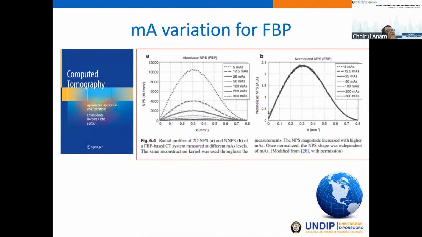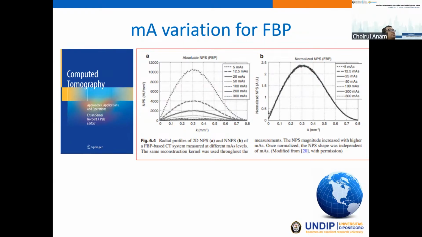And we can see here the NPS for the FBP, filter back projection. And this is the NPS from different tube loading or different mAs. We can see here that if the mAs is very low, the noise is high. And if the tube loading is very high, the noise is lower.